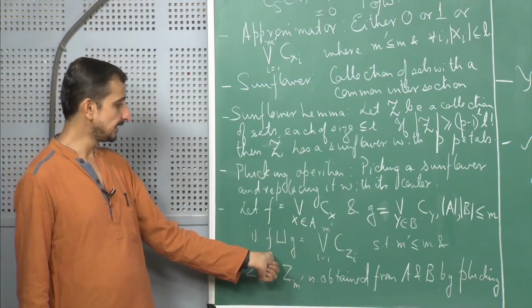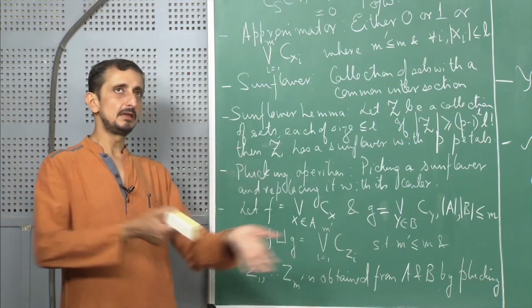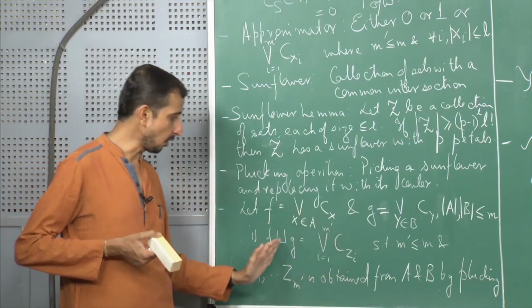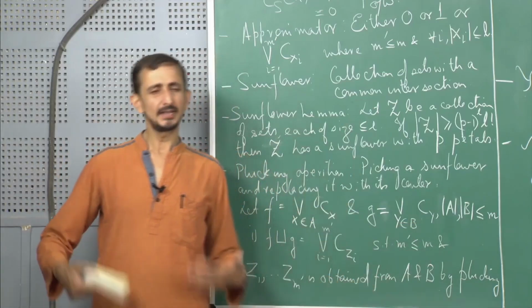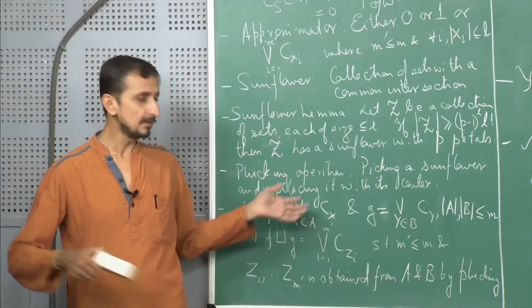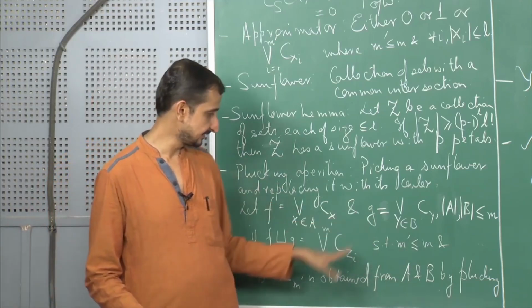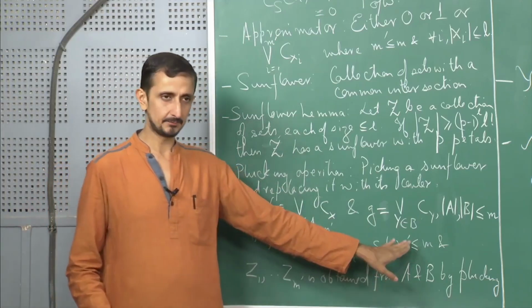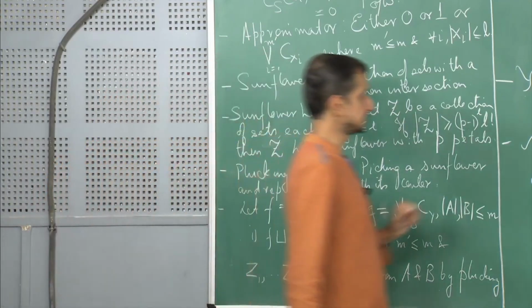It will be an OR of all clique indicators over A and B, which can go as large as 2m. If it goes as large as 2m, I repeatedly apply the plucking procedure until the size comes below m. And this is the definition for it.